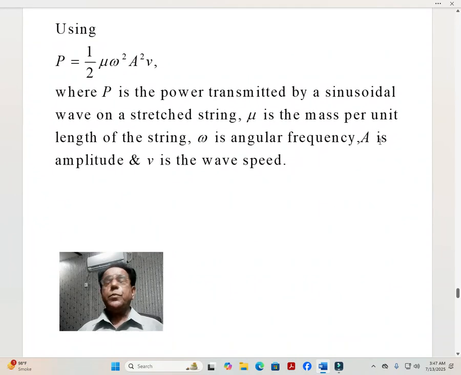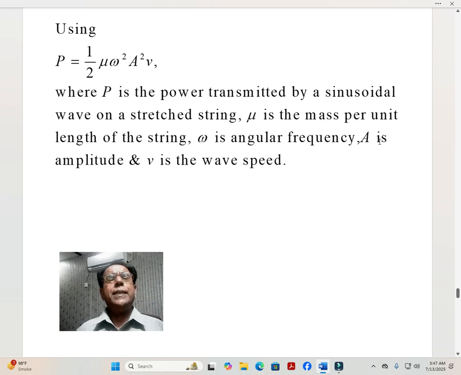Okay. Now we move to a little complicated part of this problem. Using P equal to half mu angular frequency omega square, amplitude a square, speed v, where P is the power transmitted by a sinusoidal wave on a stretched string, mu is the mass per unit length of the string, omega is angular frequency, a is amplitude, and v is the wave speed.